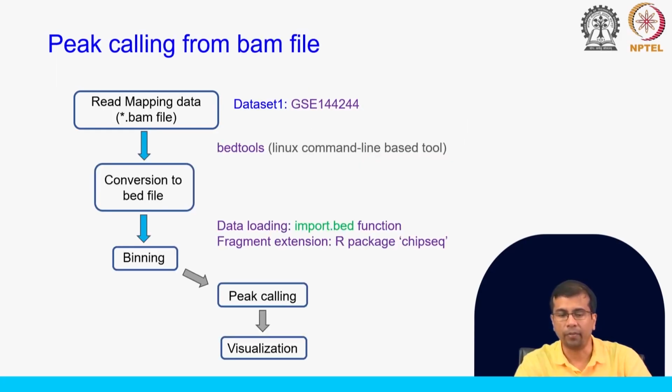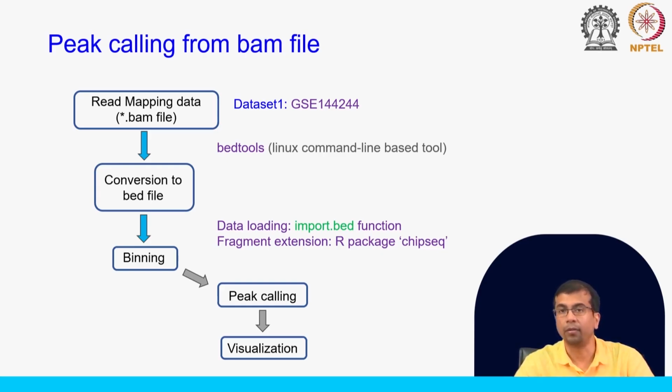We also very briefly discussed how we can use BEDTools to convert read mapping data from BAM file to bed file, and what operations we can run on the bed file. We will pick it up from here in this class.